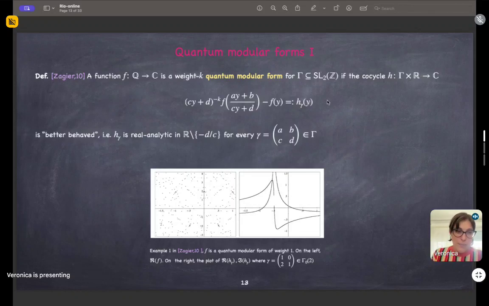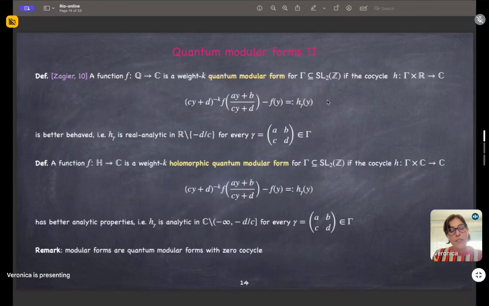But the type of modular functions that we will see today are in fact a bit better behaved, and these are what are known as holomorphic quantum modular forms. These were also introduced by Zagier, but the definition is only in one of his talks, so I didn't reproduce it here exactly, but you can see the exact reference in the paper.